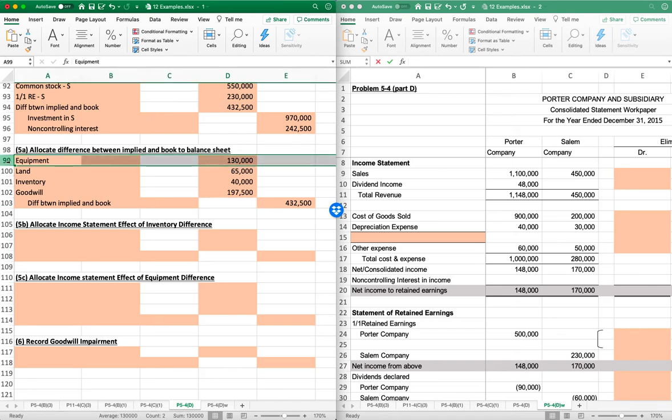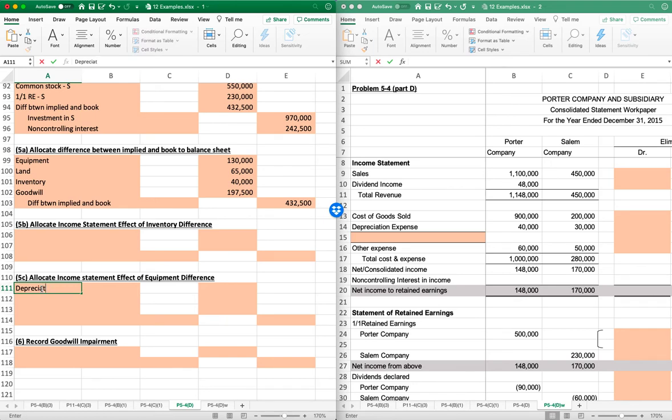So equipment, we've been adjusting that one for the last couple of years. We know that because it's year 3 and we're depreciating it for 5 years, we need 1 year's worth of depreciation expense on our income statement. So that fair value adjustment is being depreciated over 5 years. So 1 year's worth is $26,000.